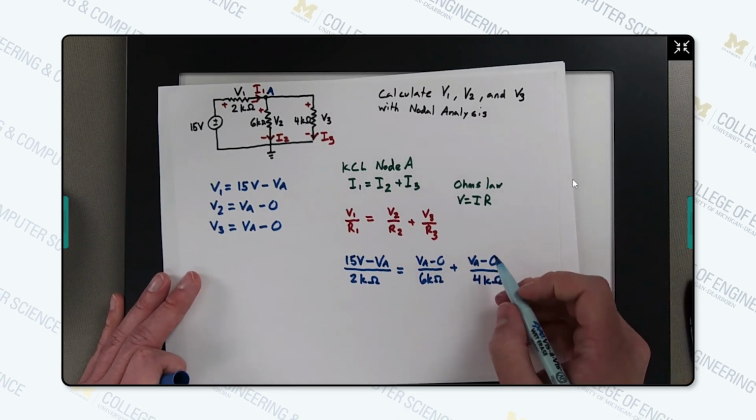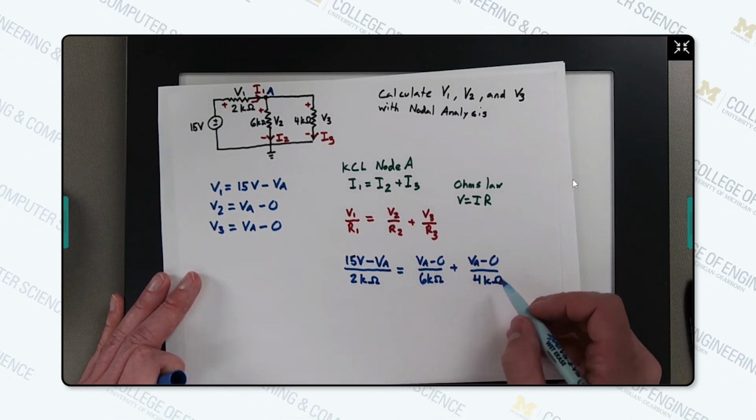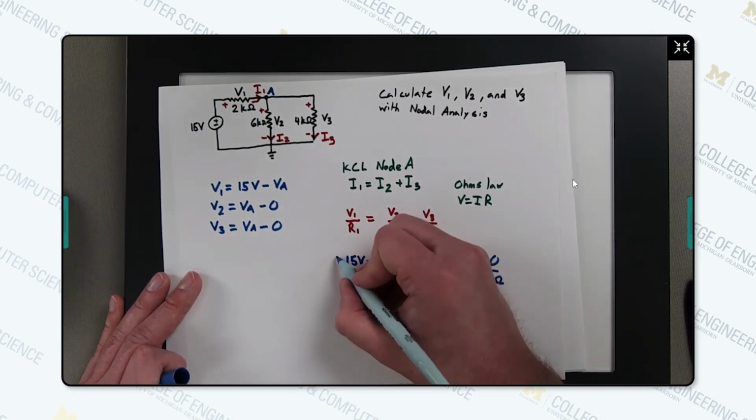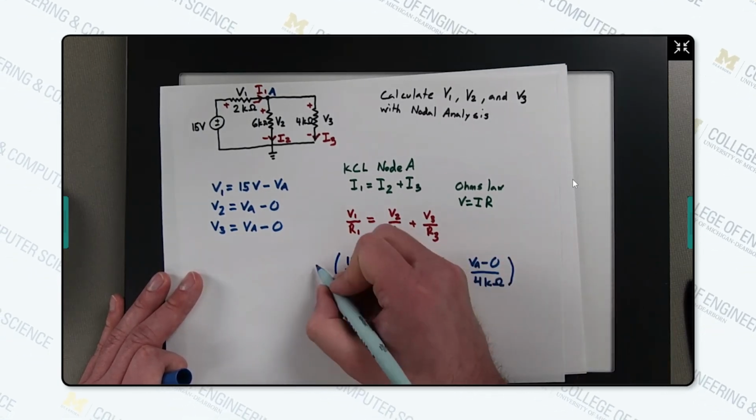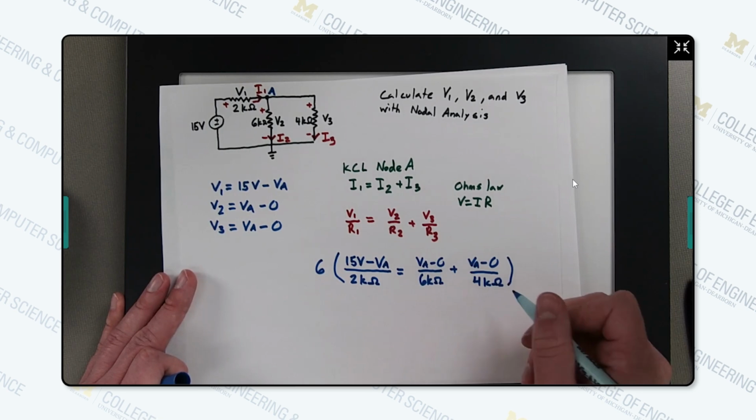Now you'll notice all of these denominators have a common denominator of 6. So we can multiply this whole equation by 6 to simplify out these denominators.